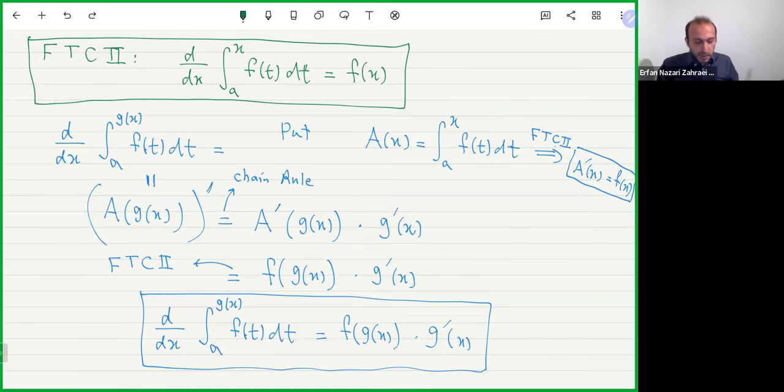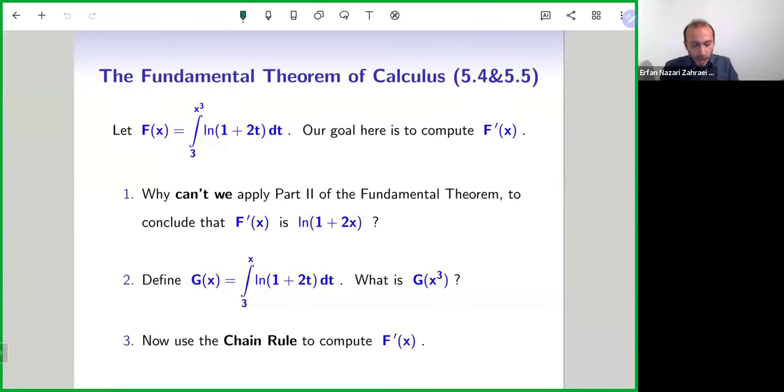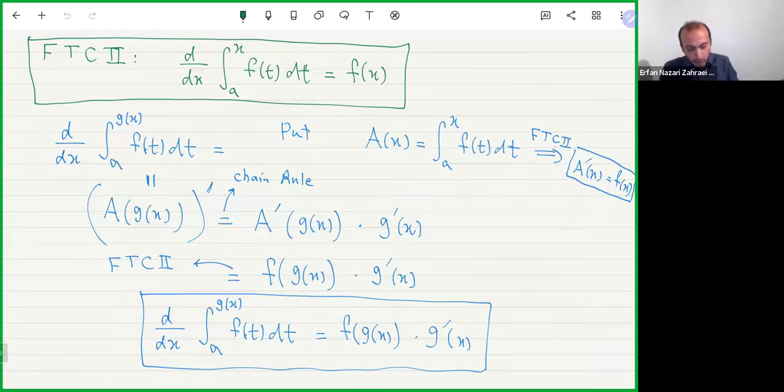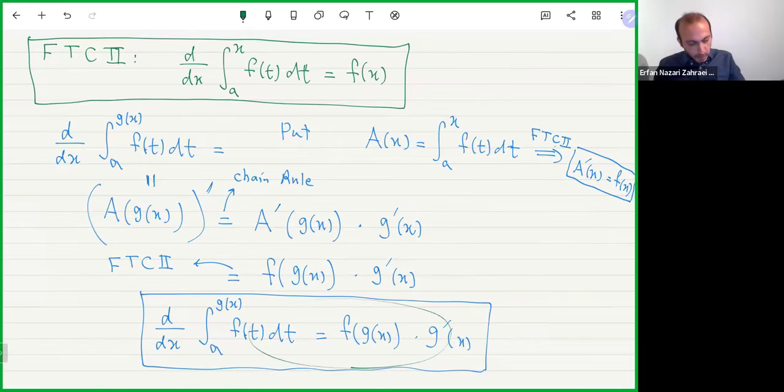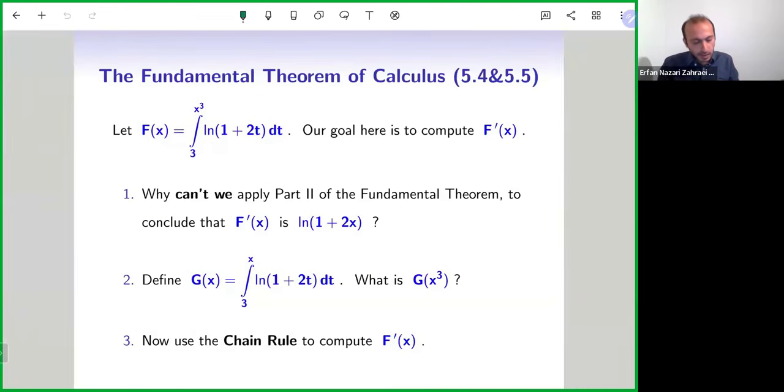Okay, now let me use this result to answer this question. If you would like to do this question independently, you need to repeat the process that I did for that particular f and this particular g. But let me use this formula instead of writing the whole process again. So what is the derivative of this?